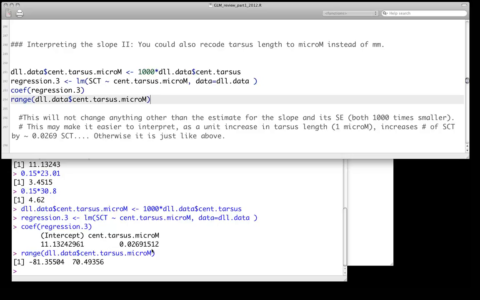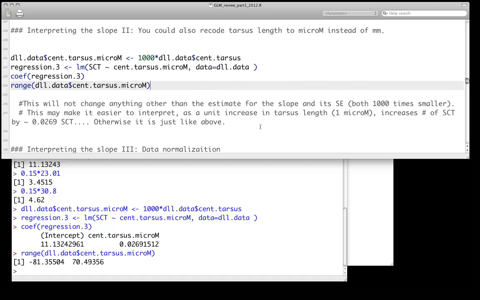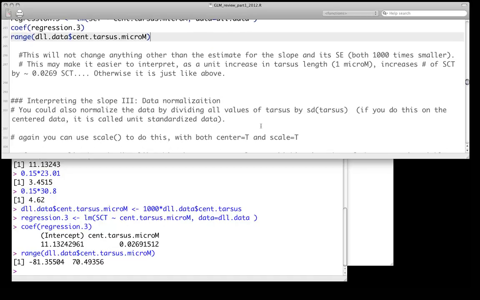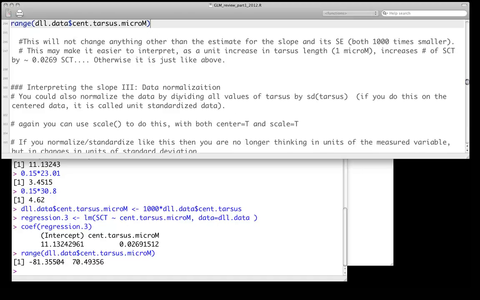So it doesn't change anything other than the estimate for its slope and centered error, and really just 1,000 times smaller. But it can make it easier to interpret. Essentially, we can think about unit increases where the unit is a micrometer. So that's perhaps one way of doing it. Either of those is fine. And again, we just think about what makes it biologically easy for us to interpret.